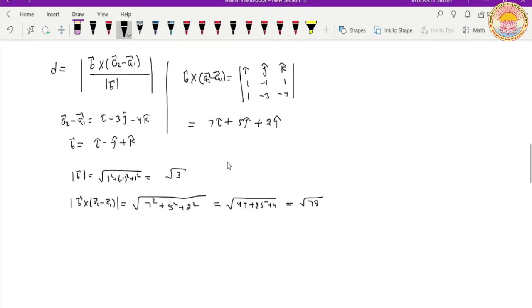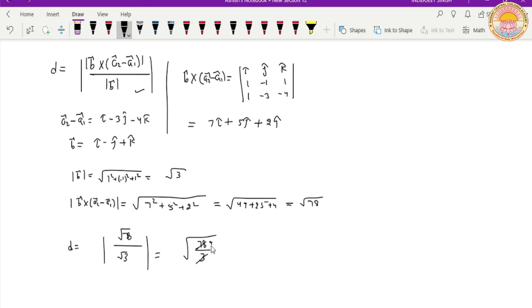So putting these values in this equation, we will get D is equal to the modulus of vector B cross (A2 minus A1), which is square root of 78, upon root 3, and this can be written as square root of 78 upon 3.